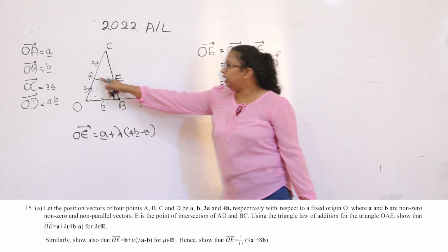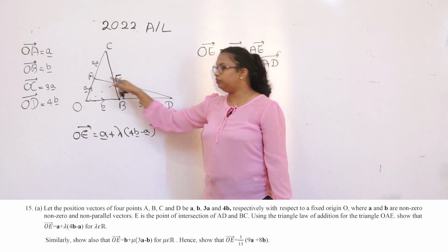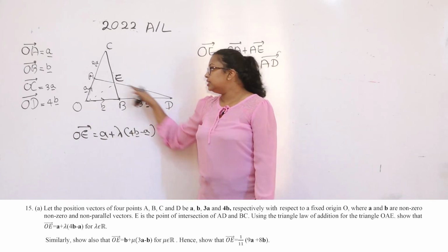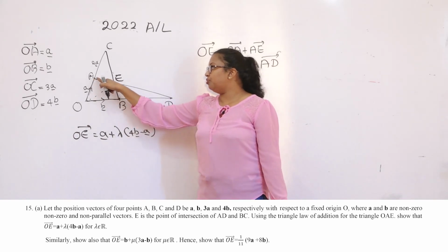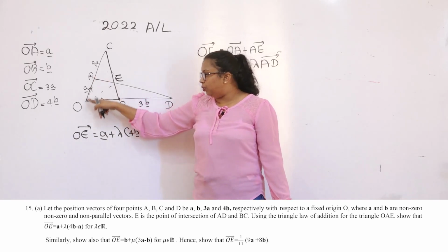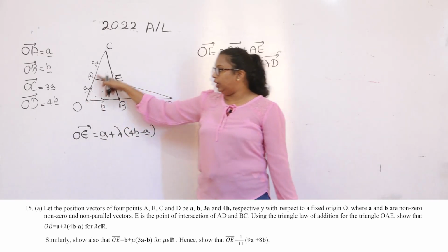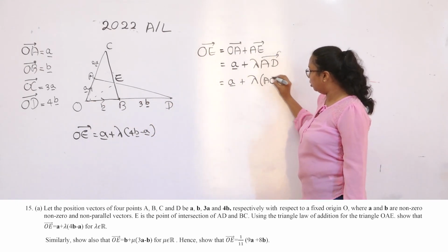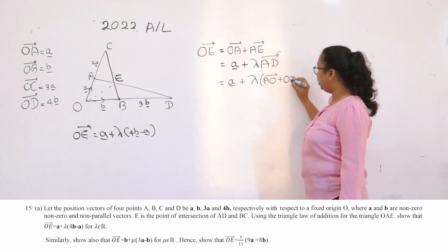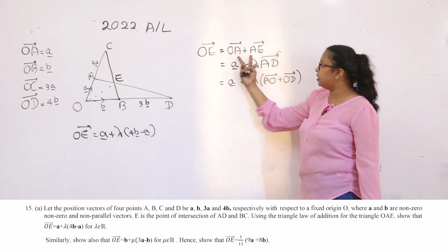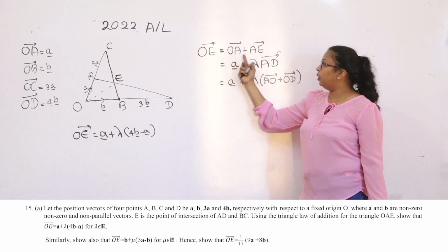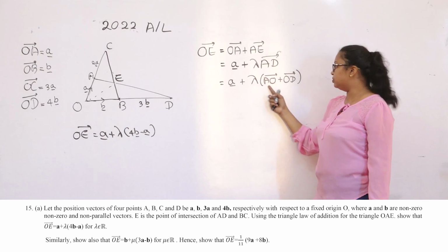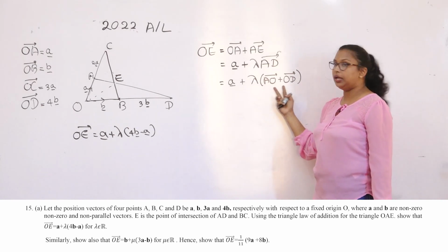Yes, now how to write AD? We don't know the vector, so we have to write it. Actually, we always have to use vector addition, right? What is the path to go from A to D? AO plus OD. Let's write AO plus OD. Can you observe that in all these additions, we are getting the same capital letter in the middle? See, OA plus AE, same capital letter. Here also, AO plus OD, same capital letter in between.